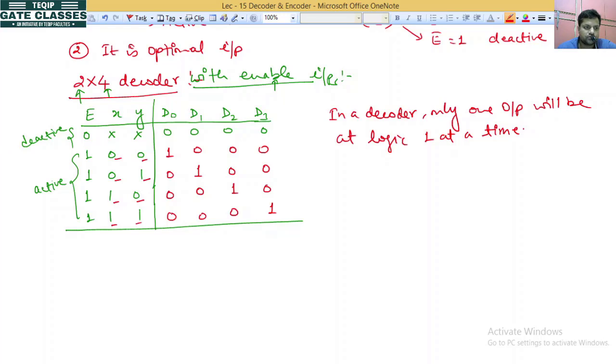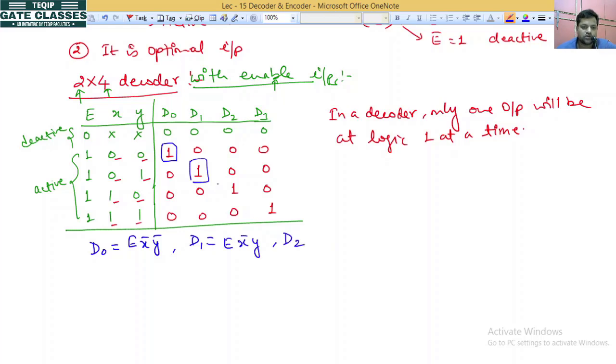Now if you want to find the functions for D0, D1, D2, D3: for D0 only one input combination is there, so it will be E times the minterm x bar y bar. D1 is this one, it will be E x bar y.